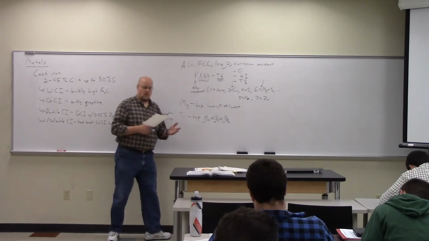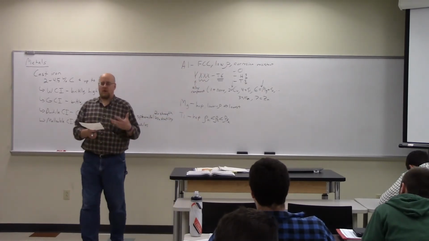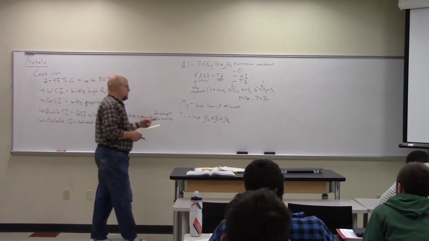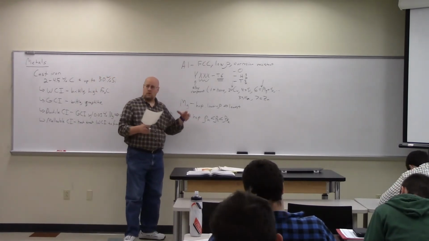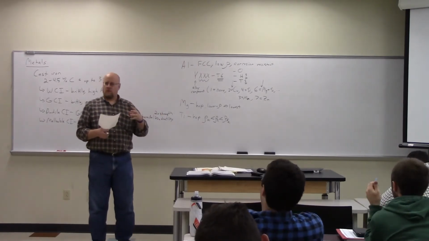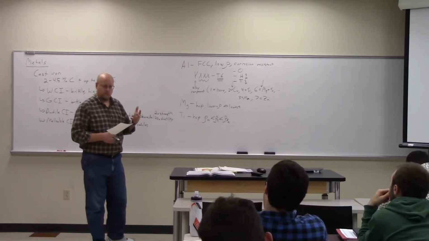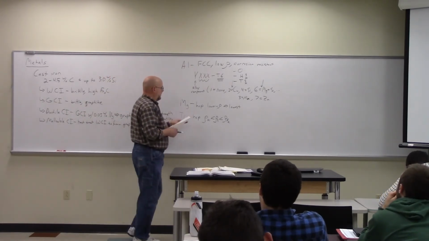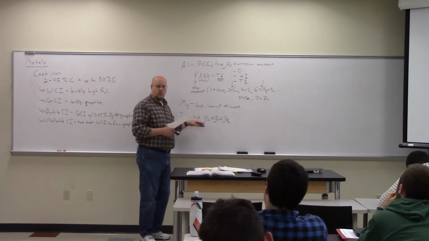So it's intermediate, but it has better high temperature strength. Because it's HCP, it has fewer active slip systems. And it also has corrosion resistance and passivity that rivals aluminum.